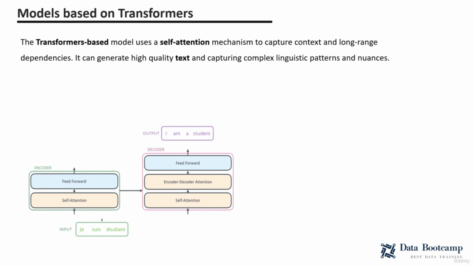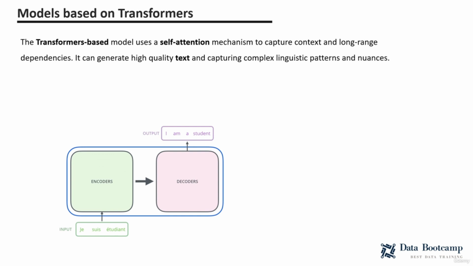We can observe two distinct blocks, the encoders and the decoders. The encoder processes and comprehends the source text, capturing its meaning and structure. It then relays this information to the decoder. The decoder uses this information to generate the desired output, translating the input text in the case of translation.